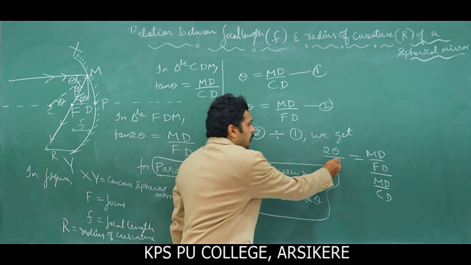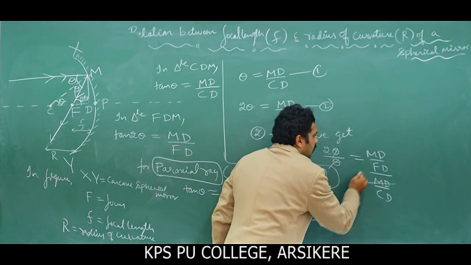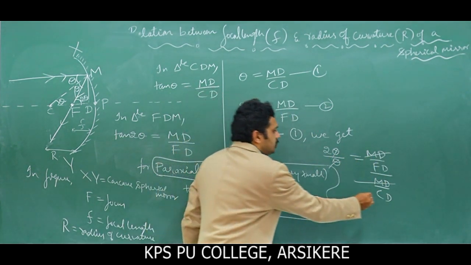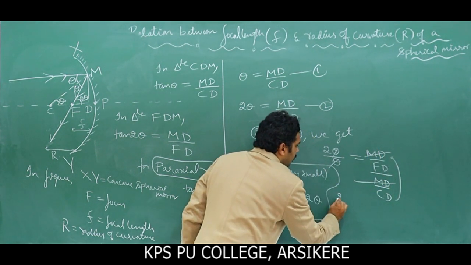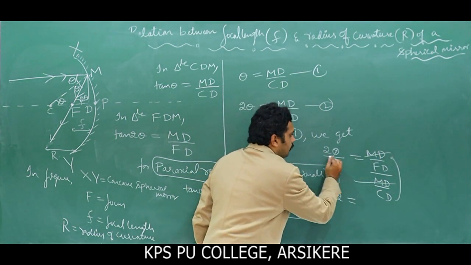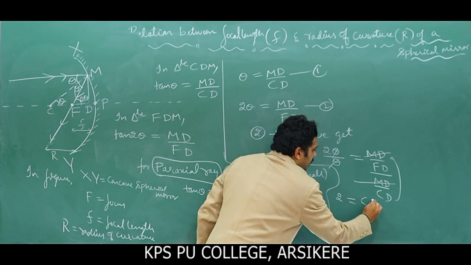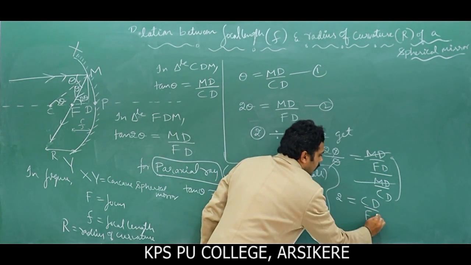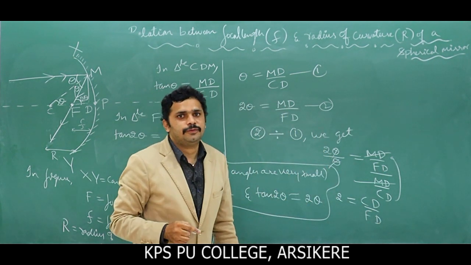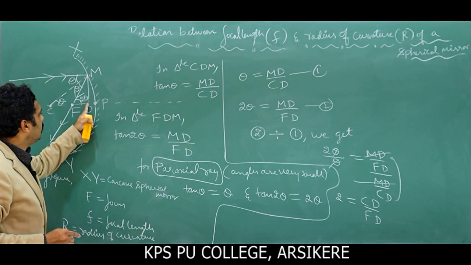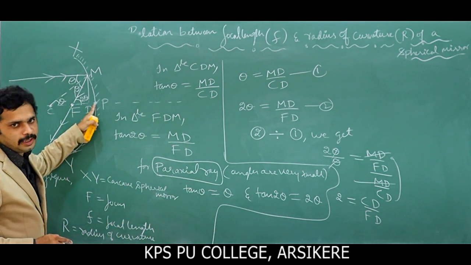Theta cancels, MD cancels, and CD goes to the numerator. The remaining terms are 2 on the left hand side and CD by FD on the right hand side. Here I told you D is very close to P.